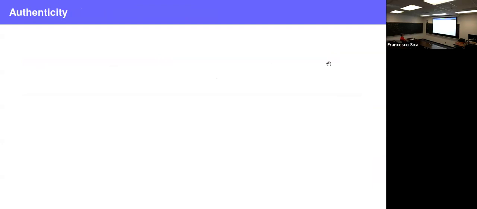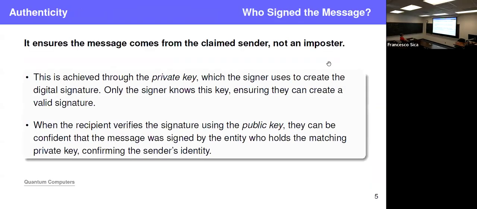The first key property of a digital signature scheme is authenticity. This answers the question, who signed the message? A valid signature proves the message came from someone who has the matching private key, not an imposter. Only the rightful signer can create a valid signature.